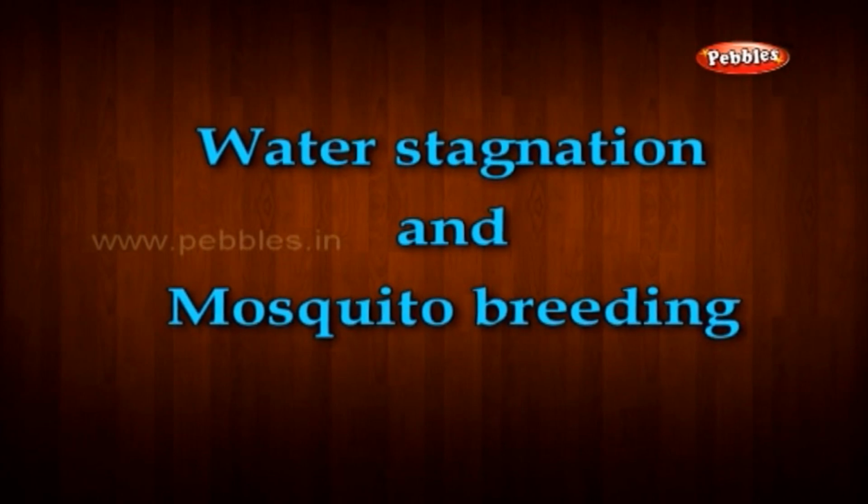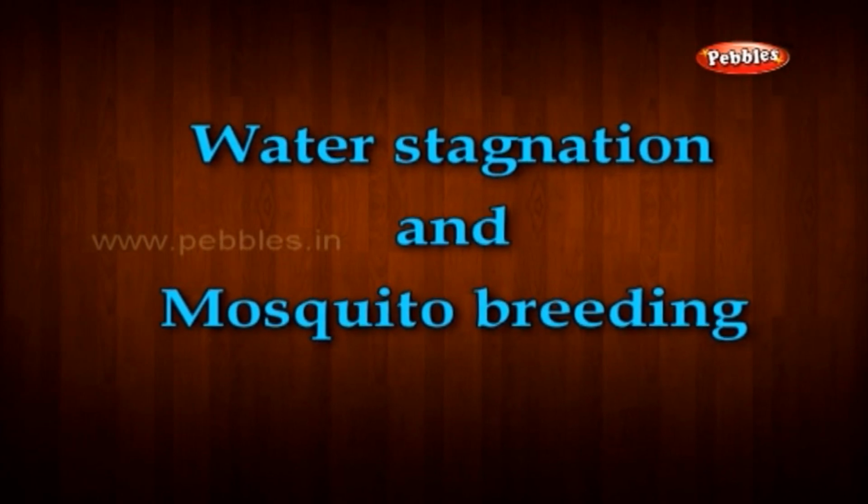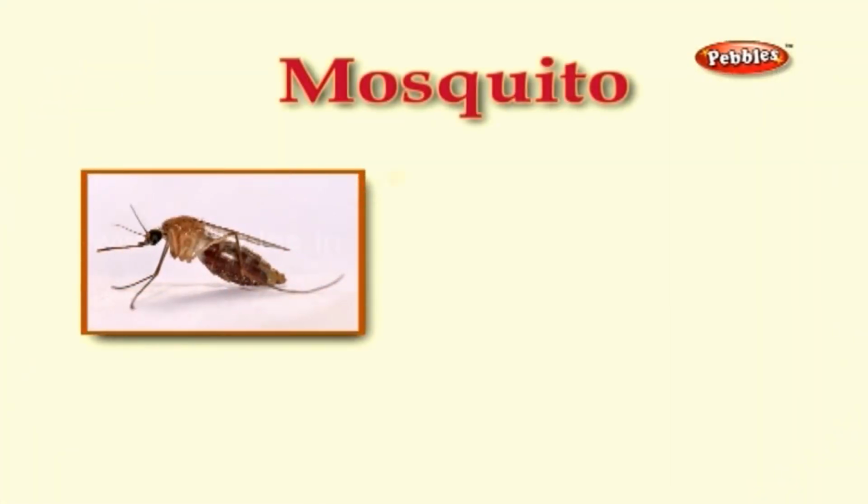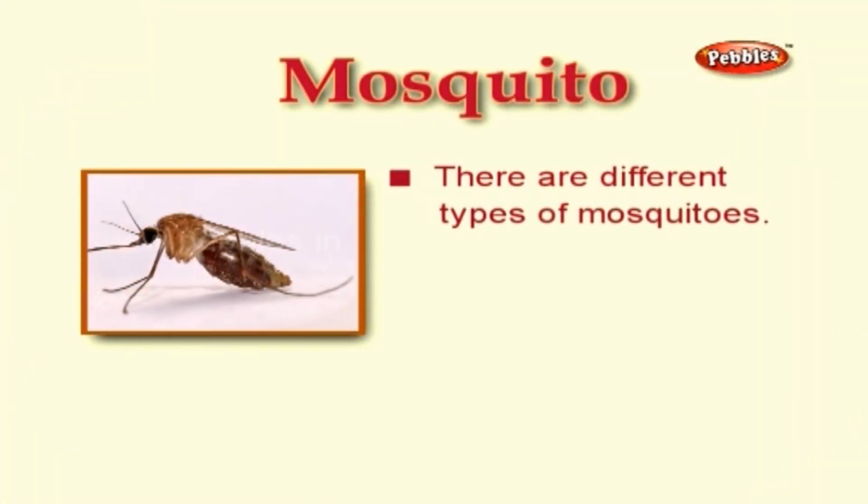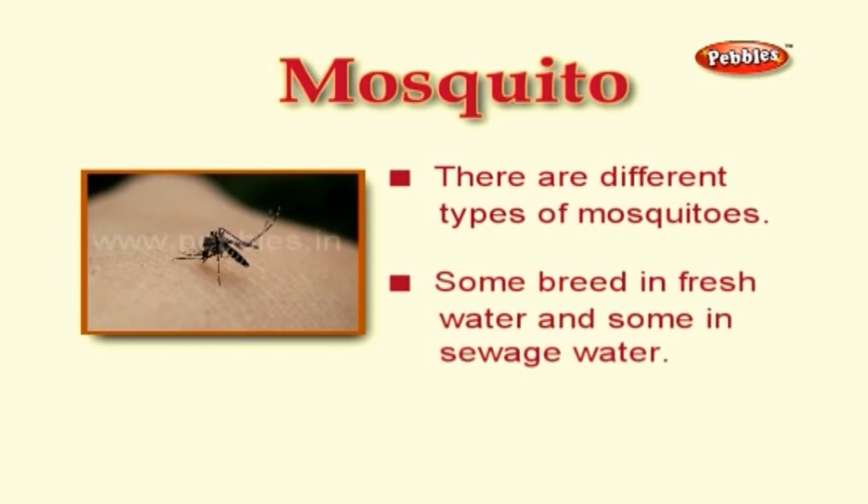Water stagnation and mosquito breeding. There are different types of mosquitoes. Some breed in fresh water and some in sewage water.